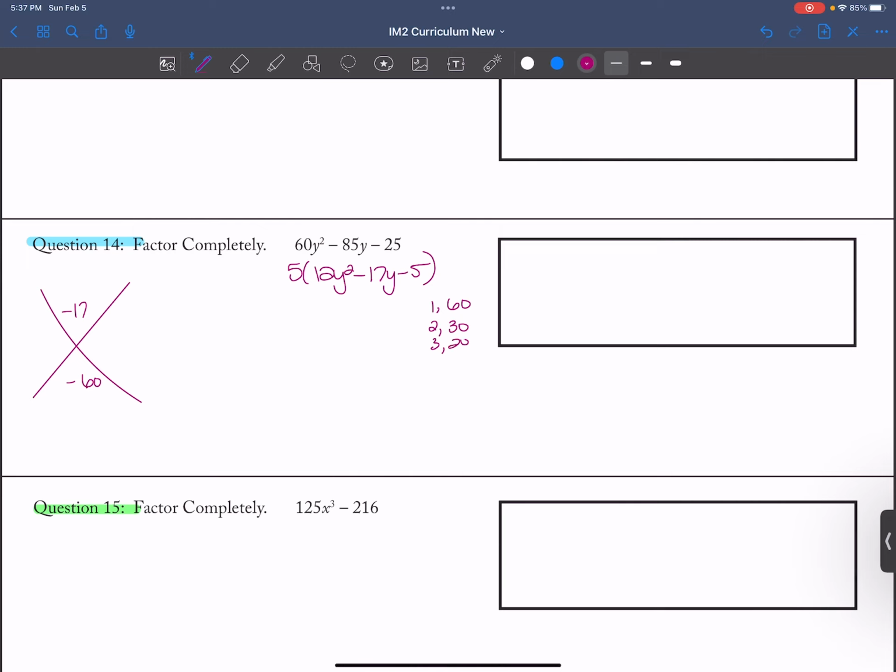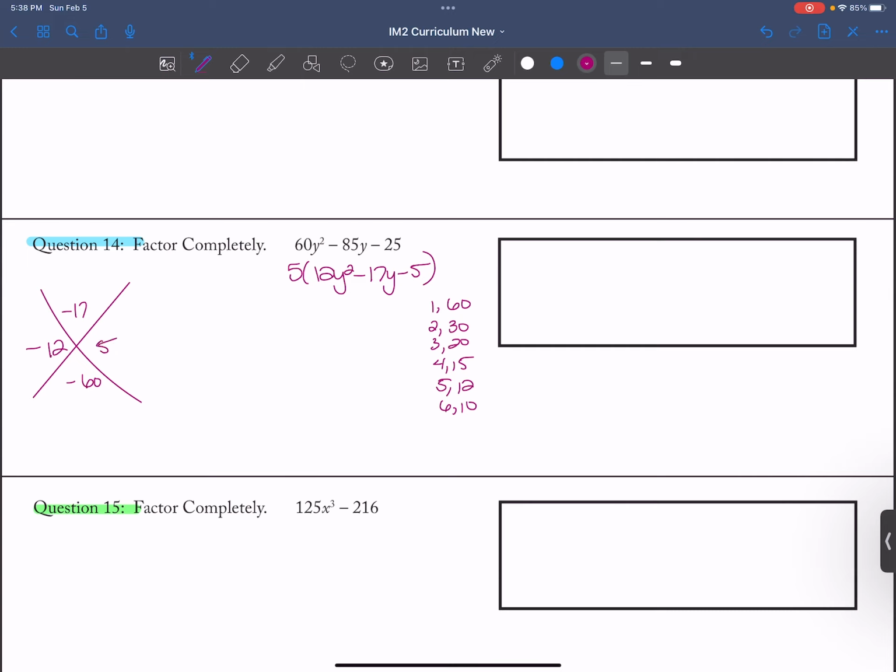Oh my. 24 and 15. 5 and 12, 6 and 10. So 5 and 12 are the ones. So -5. Nope. +5 and -12. So -12 and +5. And this is a bottoms up situation.